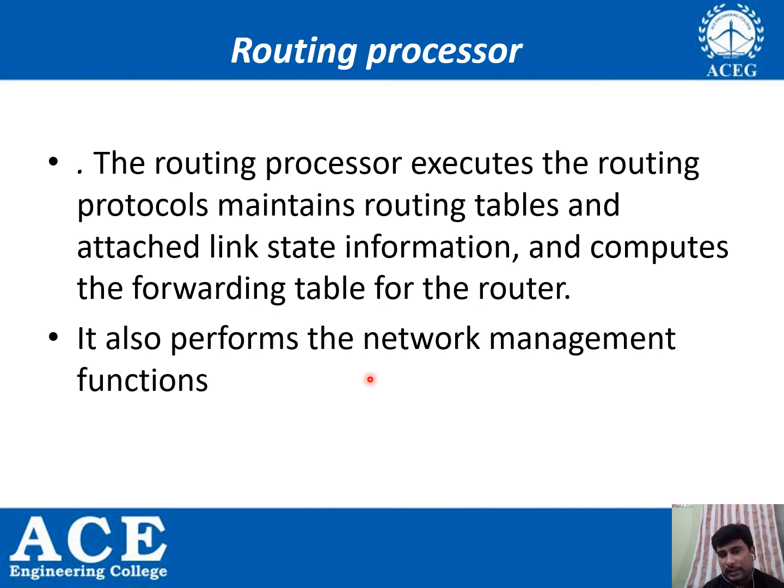Then we have the data link layer, and the last one is our physical layer, which is actually trying to connect us to the next element of the network. And the fourth important component of our router is the routing processor, and this is the most important component, which will actually execute the routing protocols. It maintains the routing tables, also generates the forwarding tables, and it also takes care of network management functions.